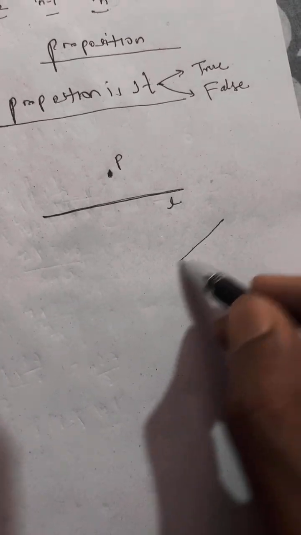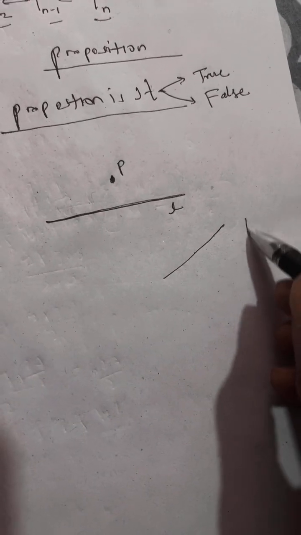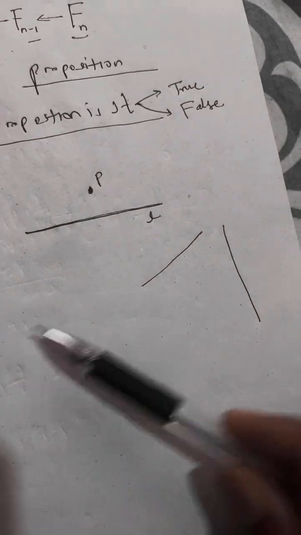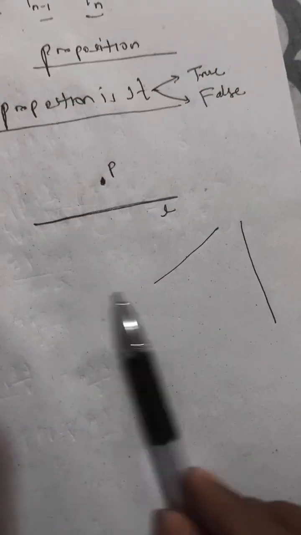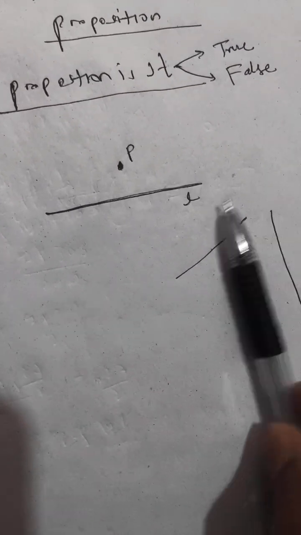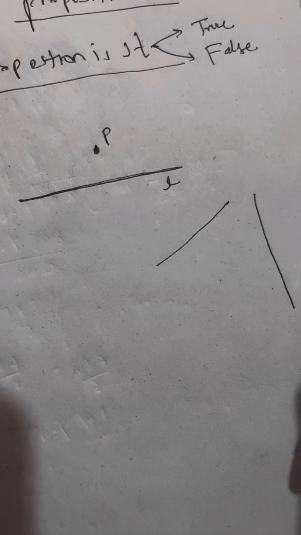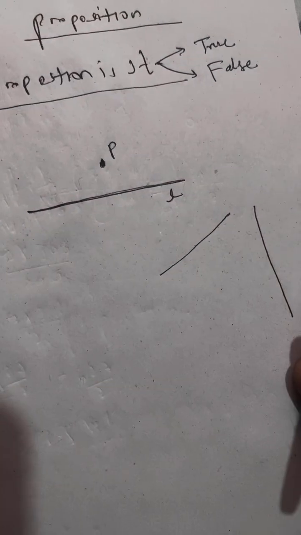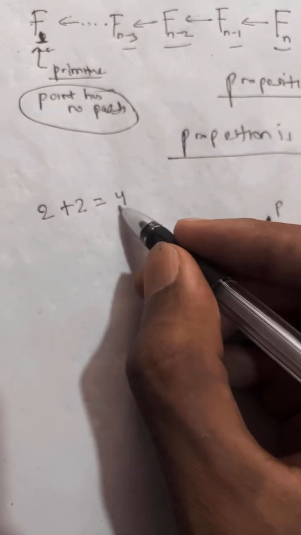Similarly, given two lines on the plane, this notebook is a plane, here are two lines. Now these lines either intersect each other or they don't intersect each other. So it is either true or false, right? So a proposition is like true or false. For example, 2 and 2 makes 4. Either it is true or false, right?